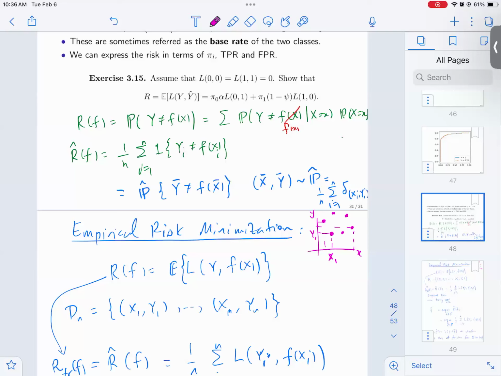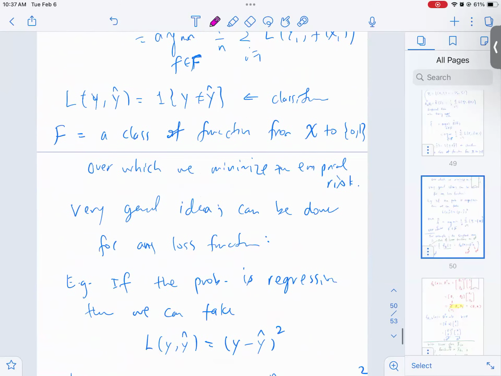Or if it's discrete, I might lose some of the distinctions, so some of the points might lie on top of each other. For example, if 2 of the points lie here, I get 2 over n. In the discrete case you lose more, but it captures all the information in the data. So in a sense, it's a sufficient statistic.